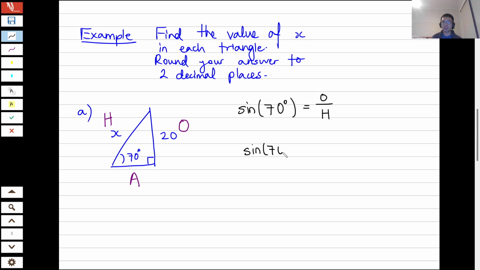Sine of 70 equals 20 divided by x. And one thing I want you to notice here is x is at the bottom of the fraction now. We didn't have this in the last video. So we're going to need to use a slightly different approach to solve this equation for x.